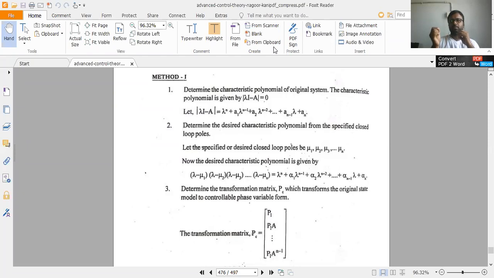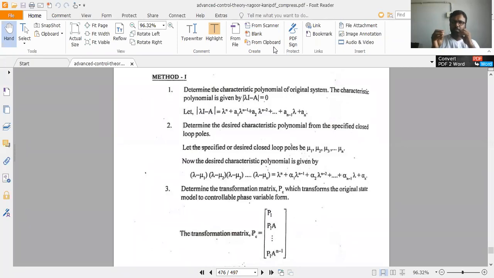If we do not mention any method, you can use any method. Among the three different methods, Ackermann's formula is very easy for determination of capital K, the state feedback gain matrix.